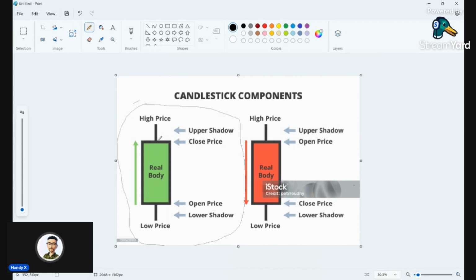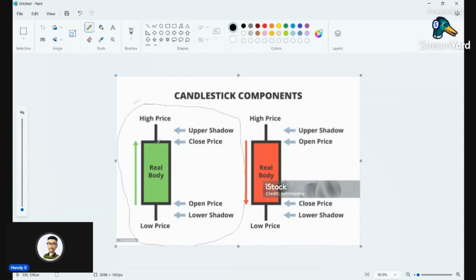It went all the way to the top here, and then came back to close here. In another sense, you could say that when the market opened here, it first came down to this point, which is the lowest price, and then came back up, went all the way up, and then came back to close here.